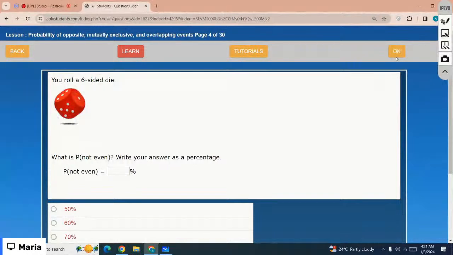You roll a six-sided die. What is the probability of not even, which is the correct option?